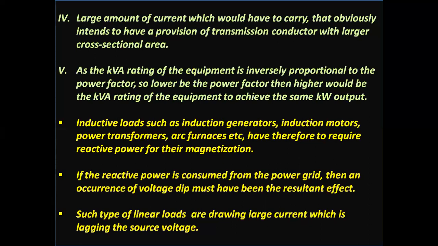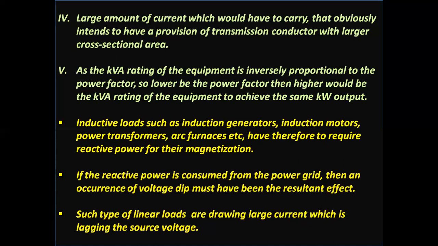Inductive loads such as induction generators, induction motors, power transformers, arc furnaces, etc., therefore require reactive power for their magnetization. If the reactive power is consumed from the power grid, then a voltage dip would be the resultant effect.